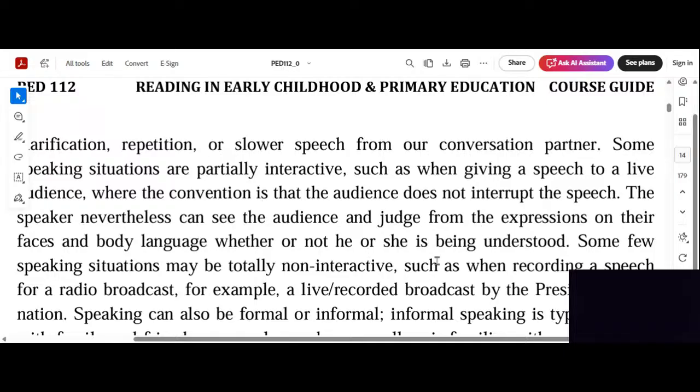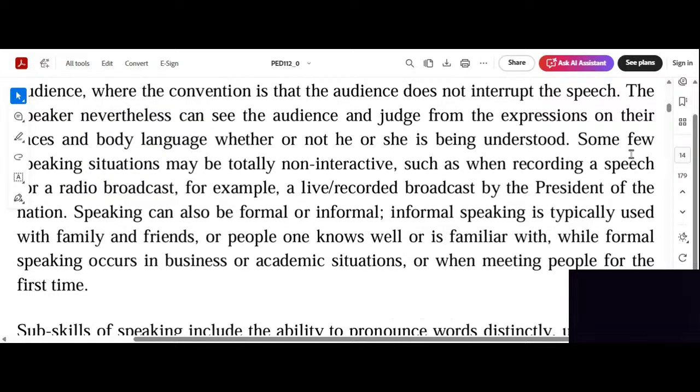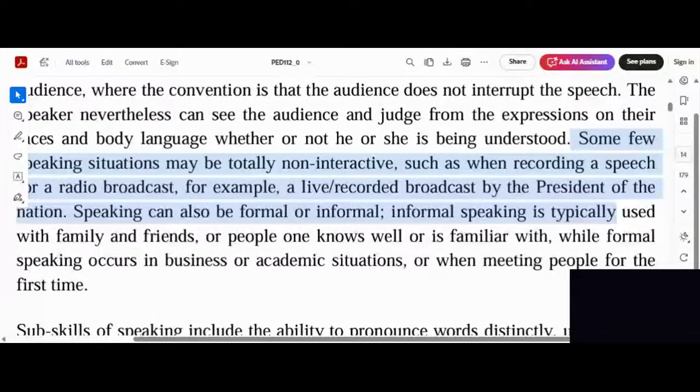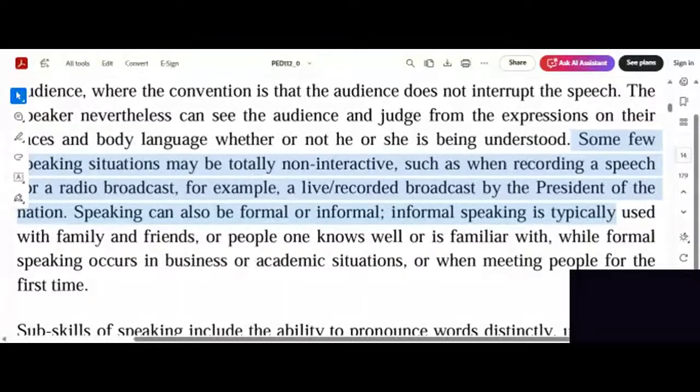Some few speaking situations may be totally non-interactive, such as a recorded broadcast by the president of the nation. All you will have to do is listen to that one.